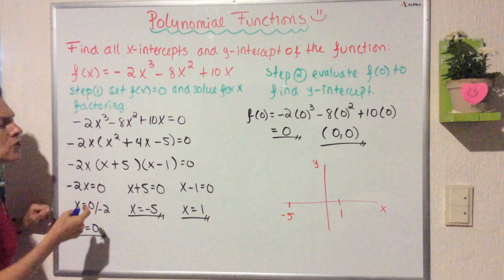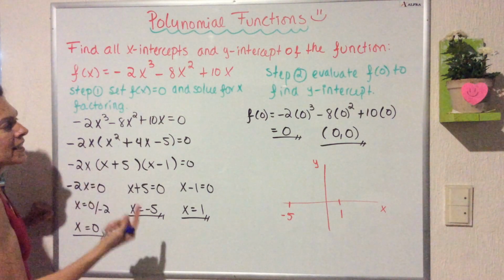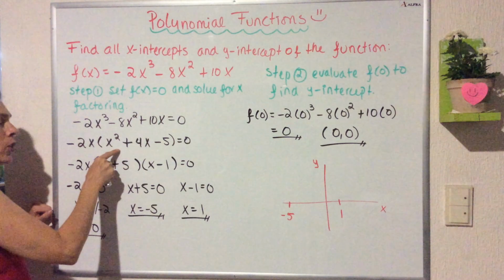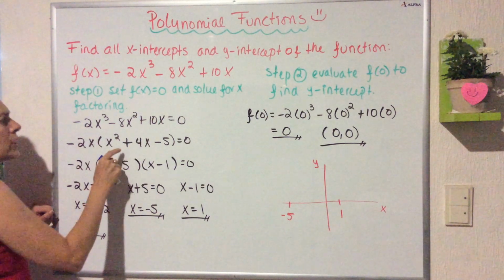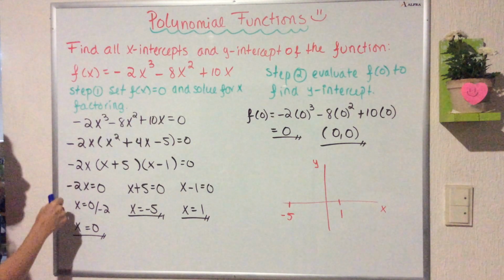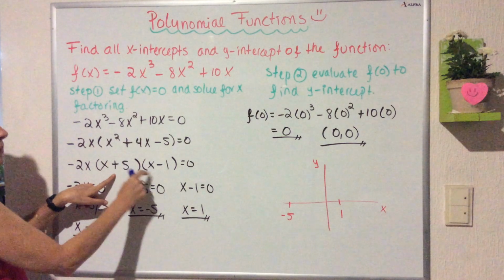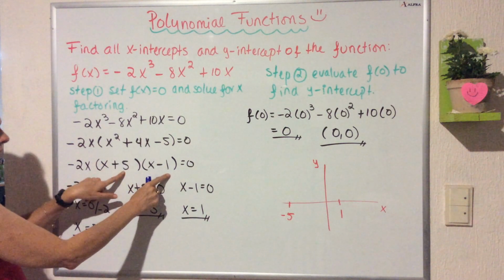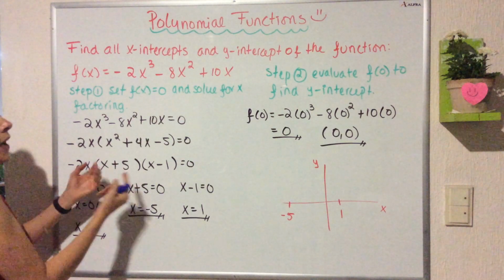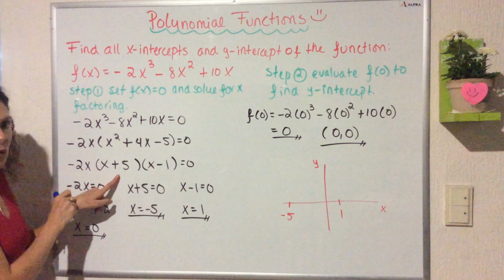So the combination would be positive 5 multiplied by negative 1. And that way we have negative 5 here. And that way also, if we add them, we have positive 4 here. Okay? So this is the correct combination. So we have x plus 5 times x minus 1. Because 5 times minus 1 gives me minus 5. And if I add them, 5 minus 1, I get positive 4.